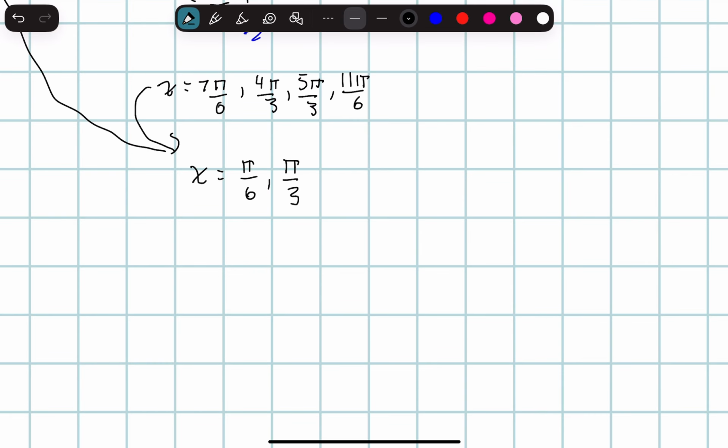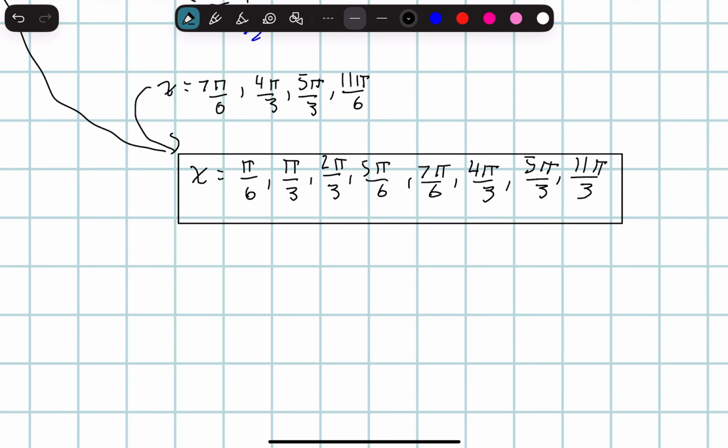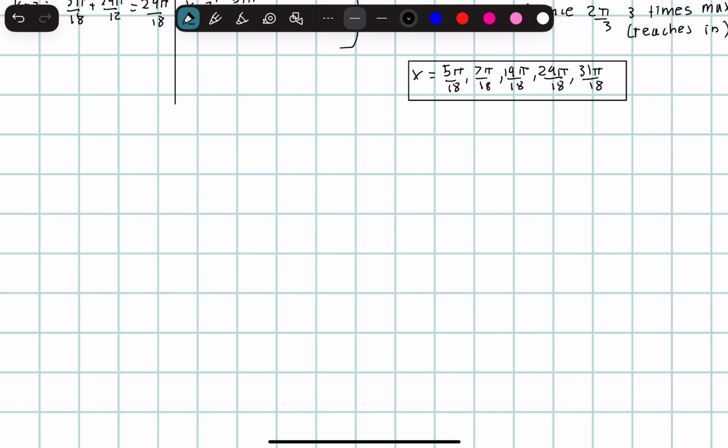This is the added set: you're going to add those ones to the original that we just found, 5 pi over 6. Now we're going to add all these. Hooray, that's it. Okay, now we're going to do this problem.